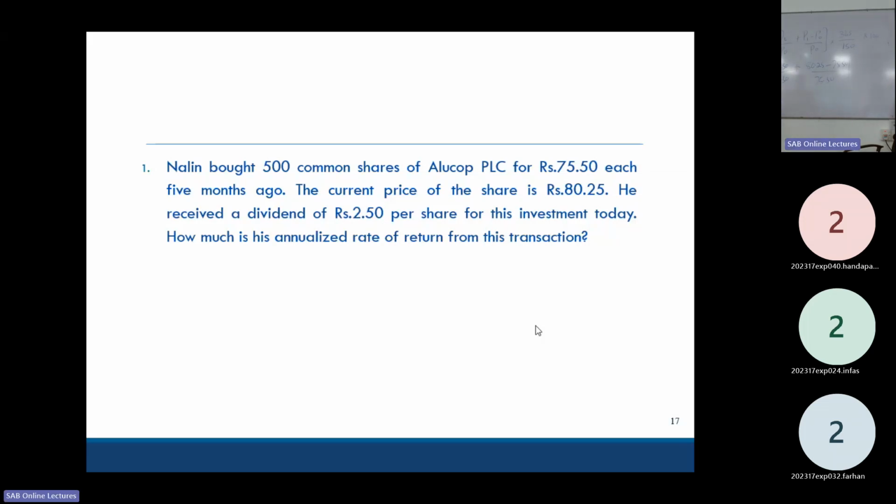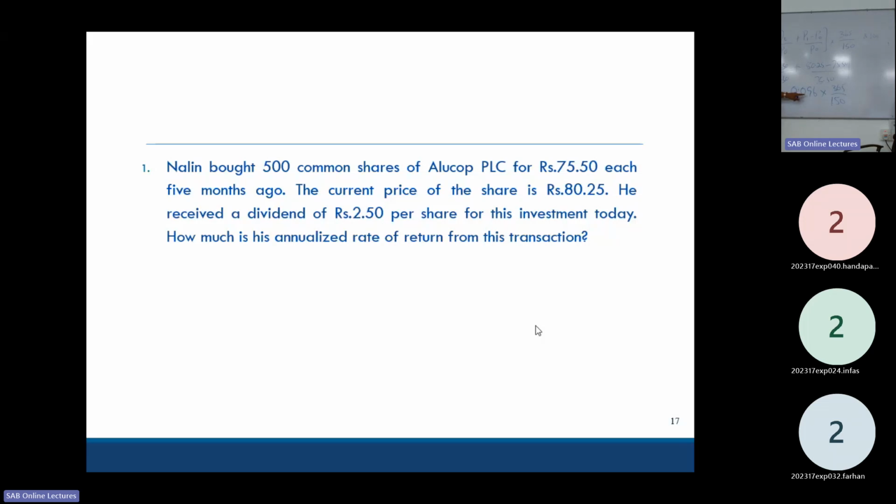By solving this part, the holding period return is 0.096. So you have to divide this by 150 and multiply by 365. It is not 23%. This is a calculation, right? So holding period return is 9.6%. As a percentage, it is 9.6%.